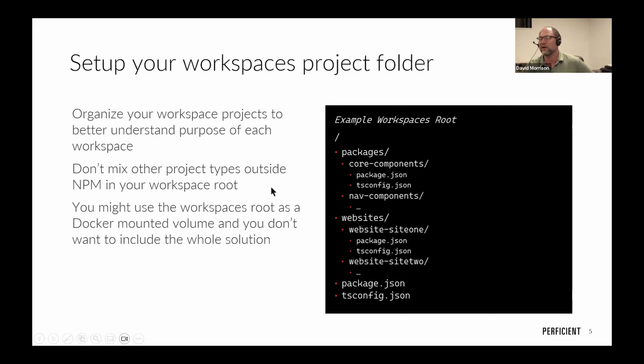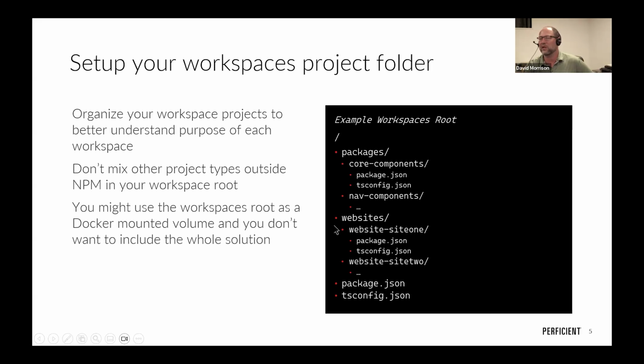If you have C# projects, for example if you go with the Monorepo with xmCloud and you've got C# code and Node code interspersed, I really wouldn't recommend combining mixed types in your Workspaces root, because we might want to mount this folder later in a Docker Compose volume or something.